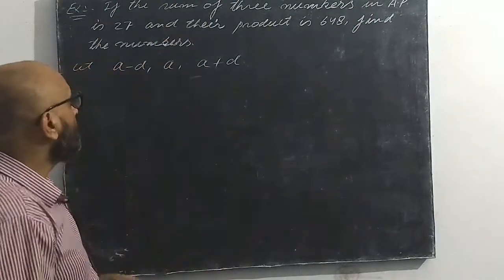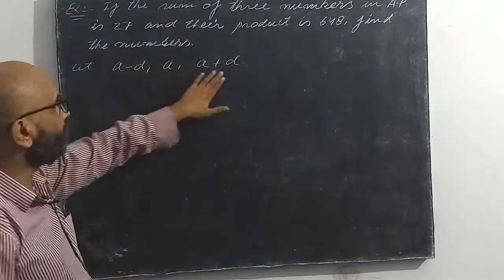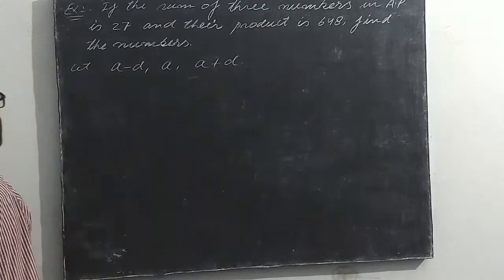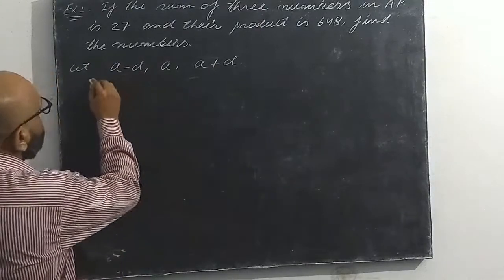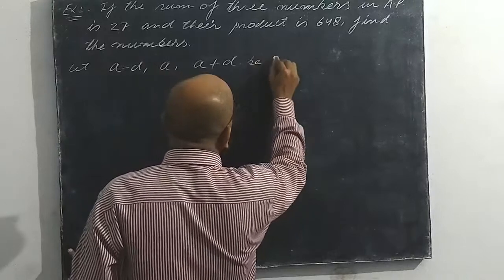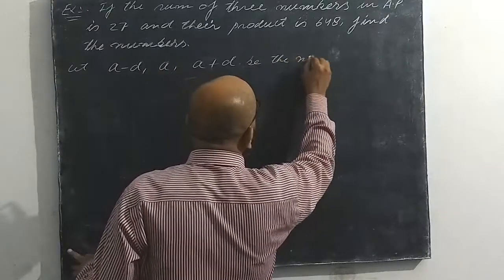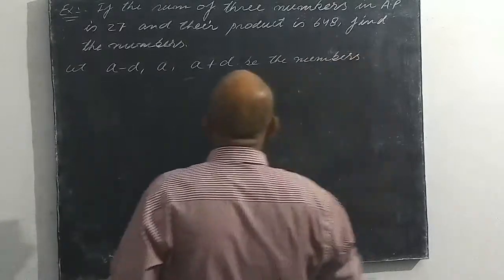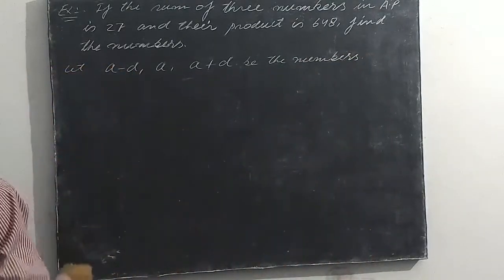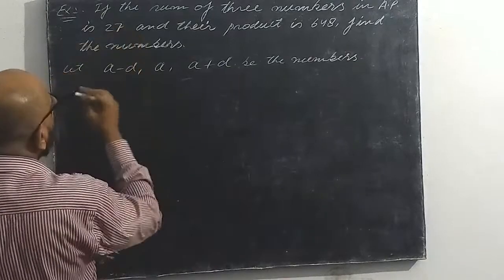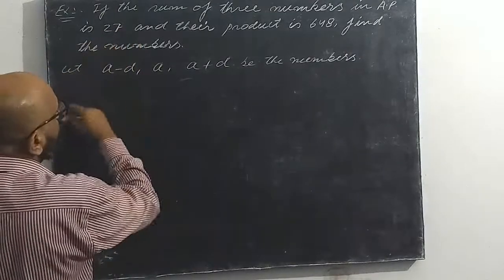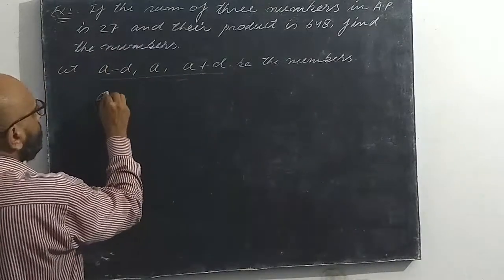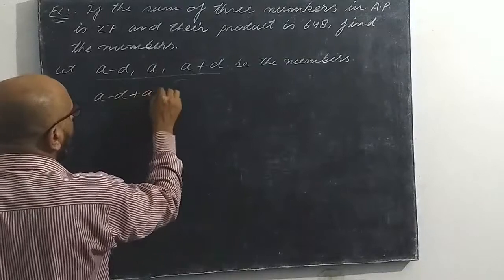In that particular situation, we always consider these 3 arbitrary numbers as numbers in AP. So proceeding, let these be the numbers. According to the language of the problem, the sum of the 3 numbers is 27. So we have assumed these 3 numbers. So the sum of these 3 numbers is a minus d plus a plus a plus d.